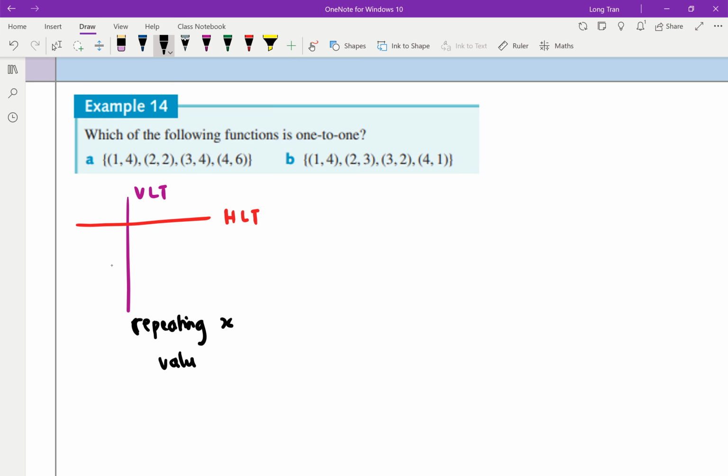If there's any repeating x values, it's not a function. So not a function if you see multiple of the same x values. Similarly, a horizontal line test, if you see a repeating y value, that won't be a one-to-one.